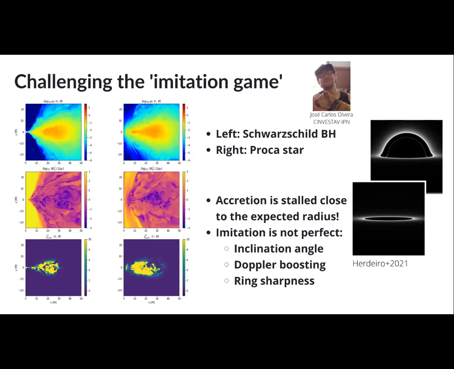And finally, the sharpness of the ring would be much different. Also, since the geometric properties of the image would depend very much on the plasma properties rather than on spacetime properties, multi-frequency observations should easily distinguish between the two objects.